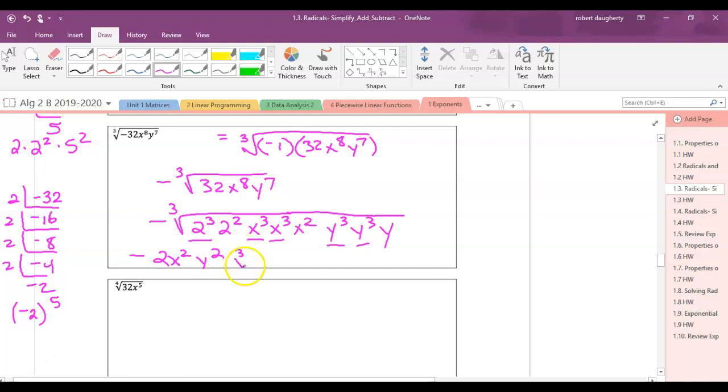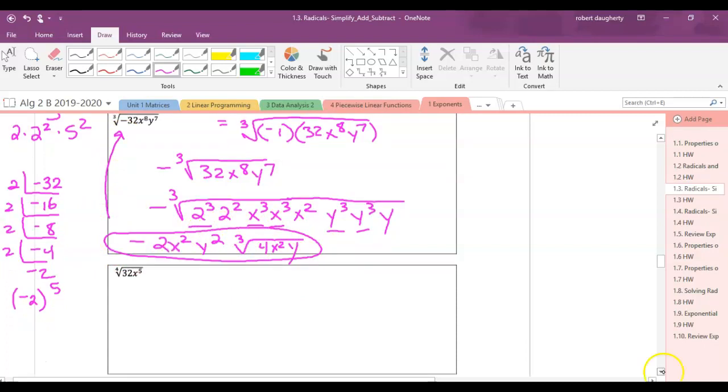And then what's left under the radical? What's left under the radical is 2 squared, so that's 4, and I'm left with an x squared y. So negative 2x squared y squared, cube root of 4x squared y. It doesn't look simpler, but this is the simplification of this original problem. So you take everything that's a perfect cube outside of the radical.